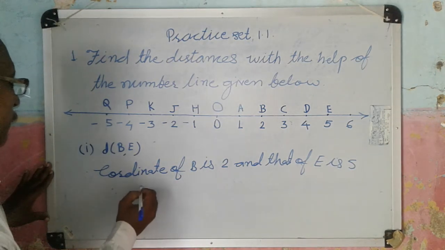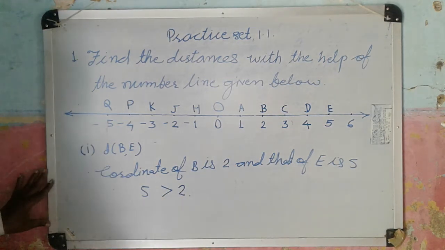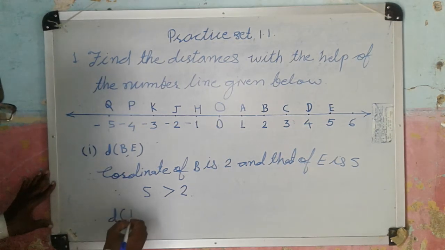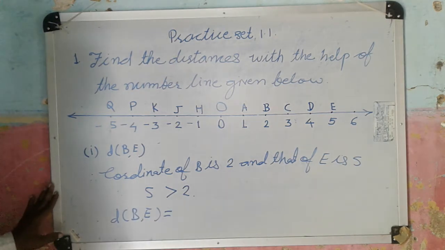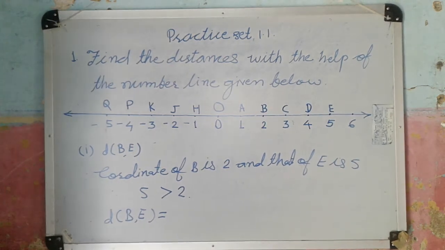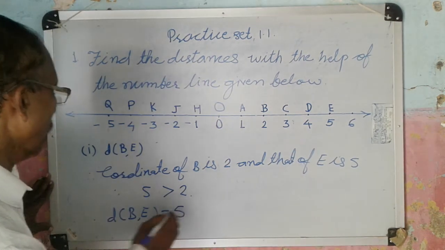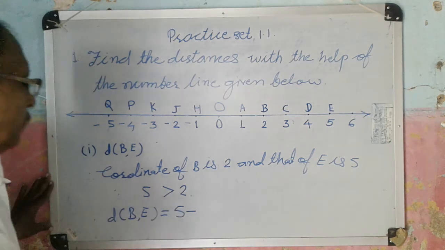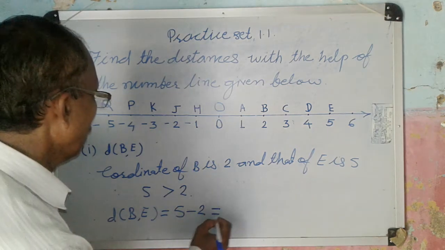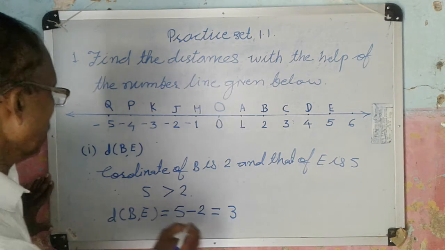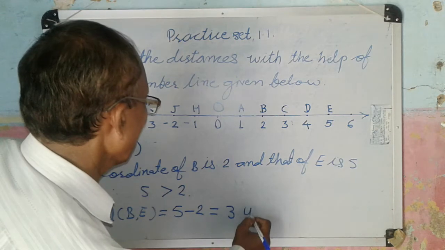Therefore distance of BE is equal to larger coordinate minus smaller coordinate, 5 minus 2, which is 3. The answer is 3. Therefore, the distance of BE is equal to 3 units.